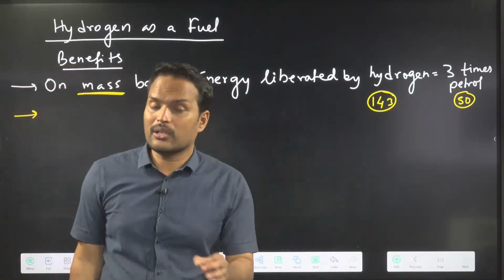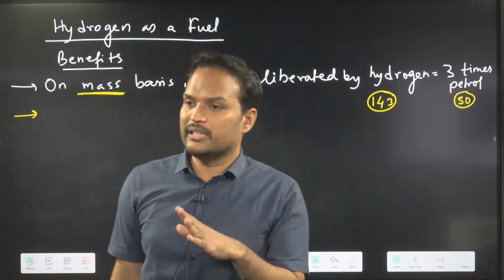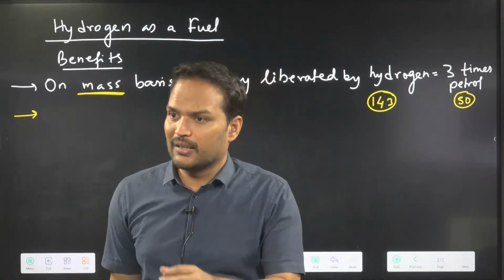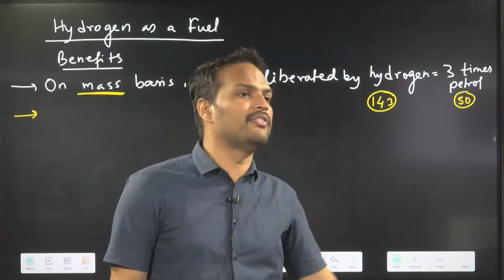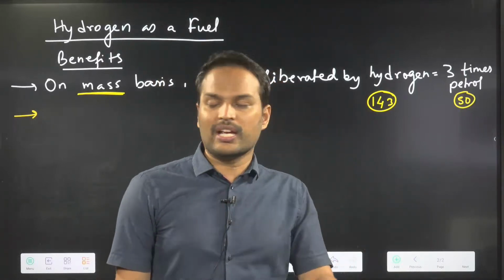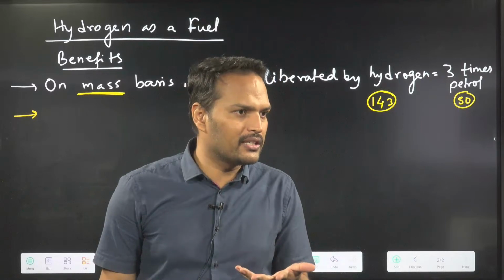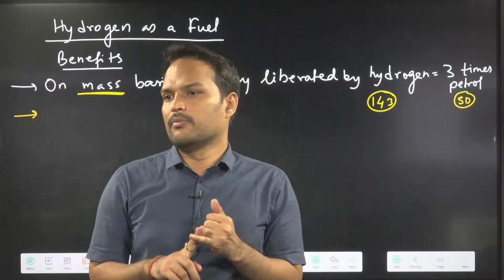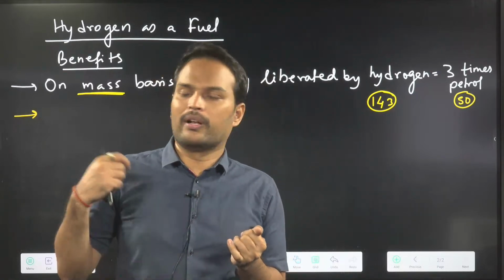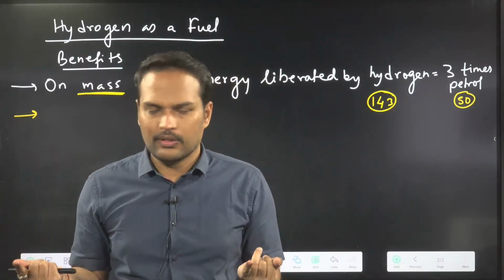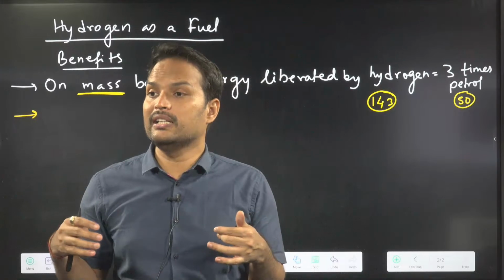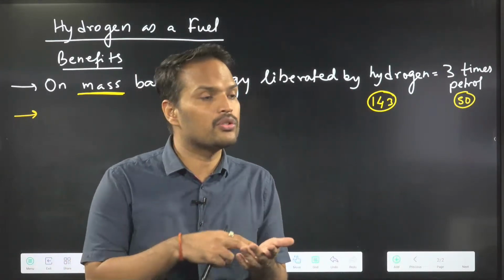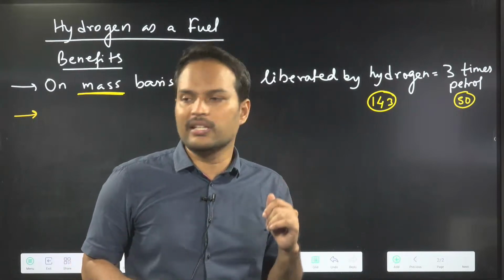Compare on the basis of mass only, because in terms of mass hydrogen will win. If you talk in terms of moles and liter, hydrogen will be defeated. See, 1 gram of hydrogen means 1 gram, and 1 gram of octane means 1 gram, so we can compare. But in terms of mole, 1 mole of hydrogen means 2 grams, only 1 gram increased.